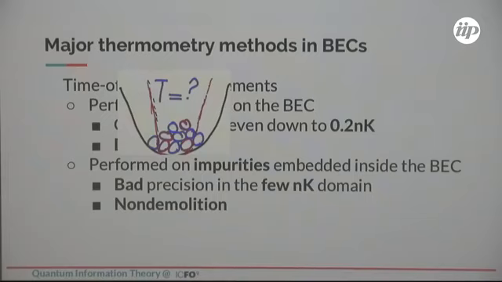So assuming that they have reached some equilibrium, then studying the distribution of these particles gives some hint about the temperature of the actual species that we wanted to know. These kinds of measurements usually have bad precision, into a few nanokelvin. They are good for, let's say, the 100 nanokelvin domain. But the good point is that they are non-demolition.